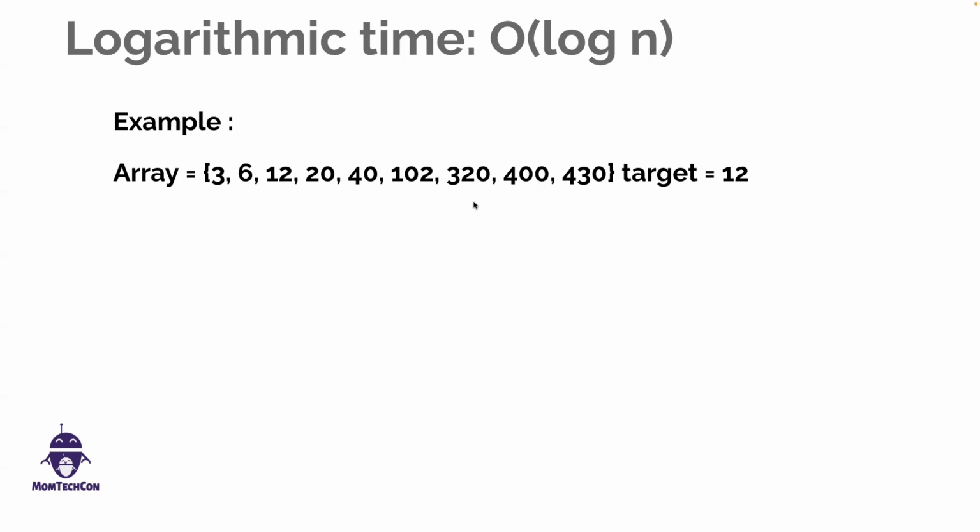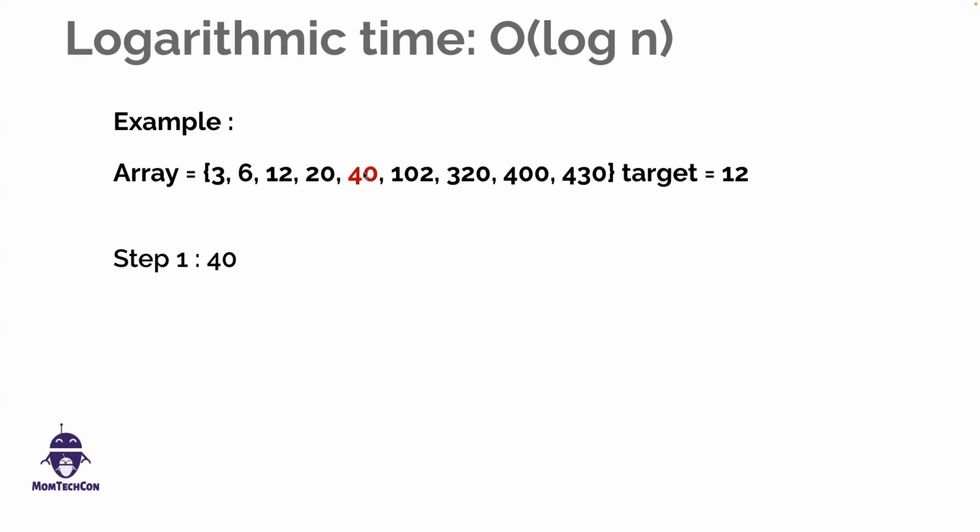So if we are using a binary search, we're going to look between the first element till the end of the array, and we are going to search for the middle of this array. Since this array has 9 elements, we are going to look for the 4th index. So 0, 1, 2, 3, and 4.